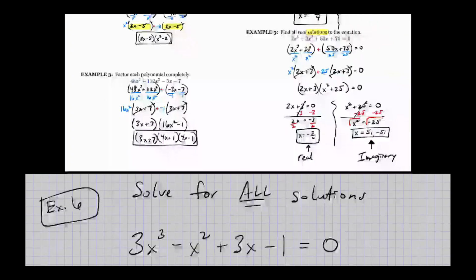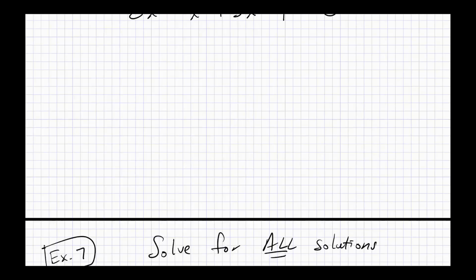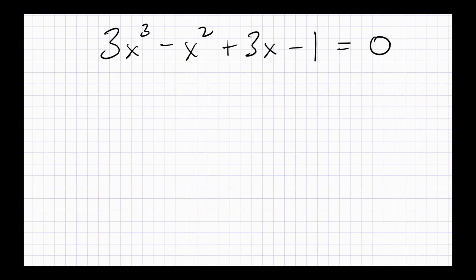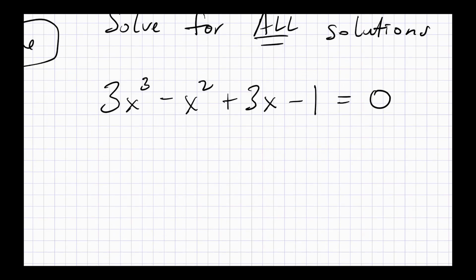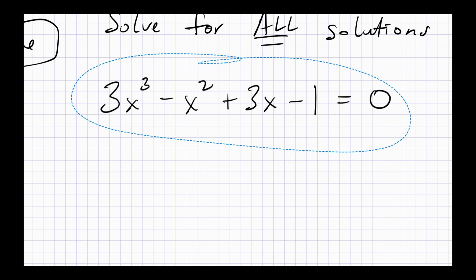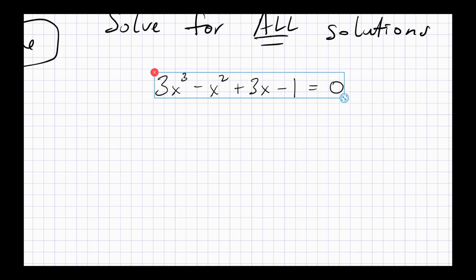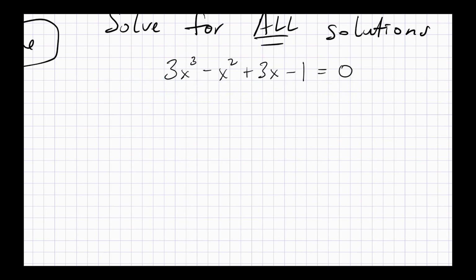Okay, so the first one, I'll do the first one right now, and then if you're still working, I'll do the second one. Okay, so the first one, I'm going to group the first two. Group the second two.